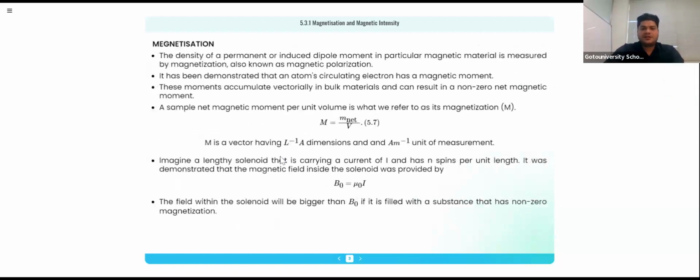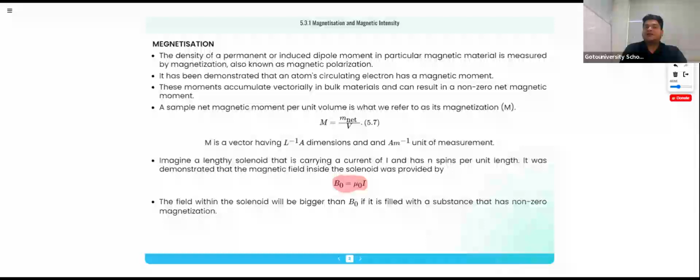Imagine a lengthy solenoid carrying current I and having n turns per unit length. It was demonstrated that the magnetic field inside the solenoid is given by B naught is equal to mu naught nI.